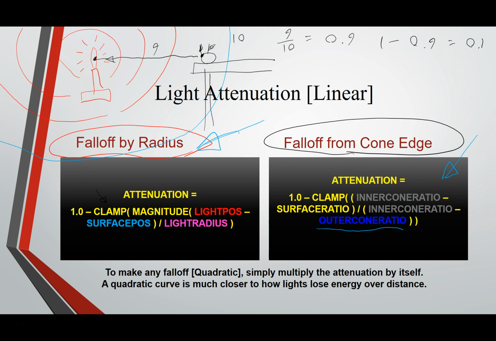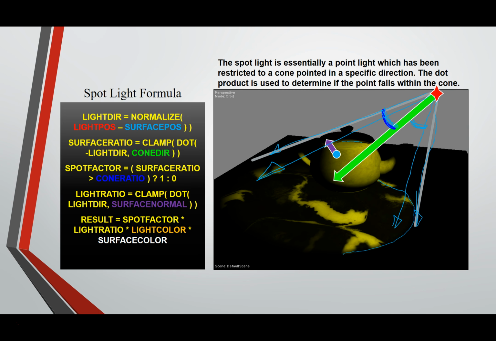So notice we're using the surface ratio, which, if you remember our spotlight formula, is computing the dot product between the center cone direction and where the surface actually sits. It's computing that dot amount.